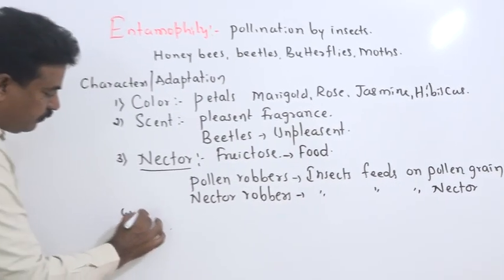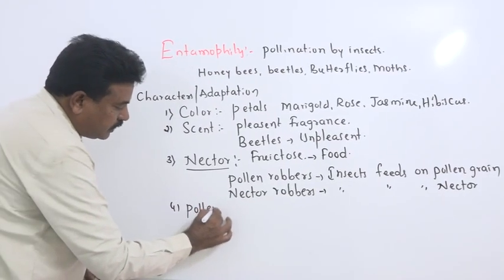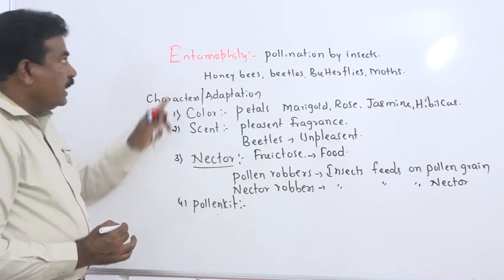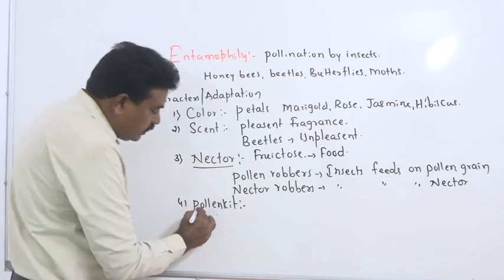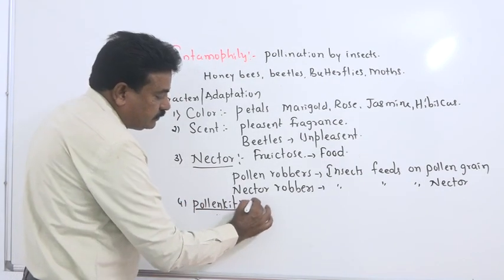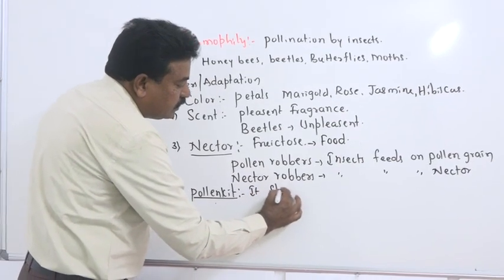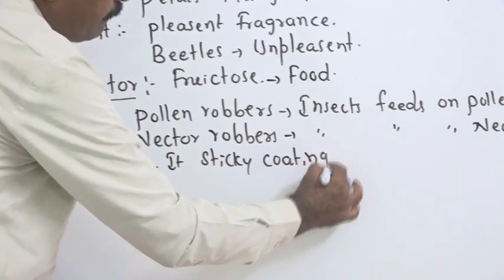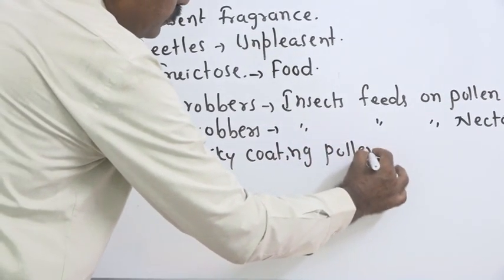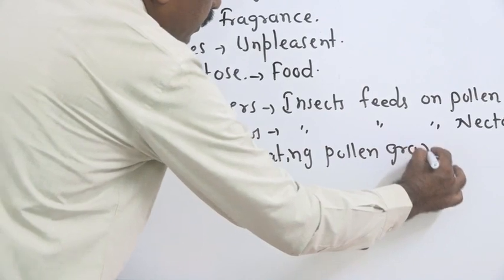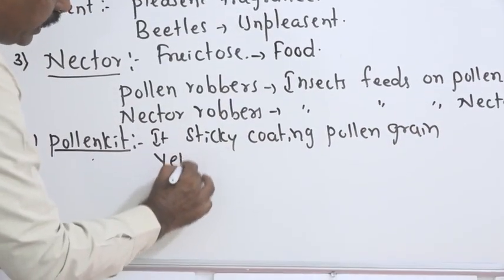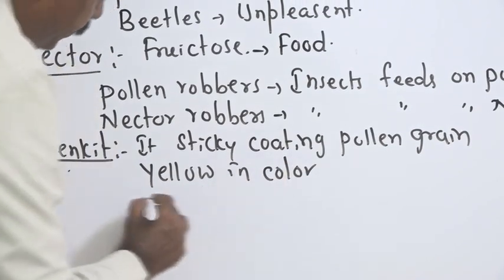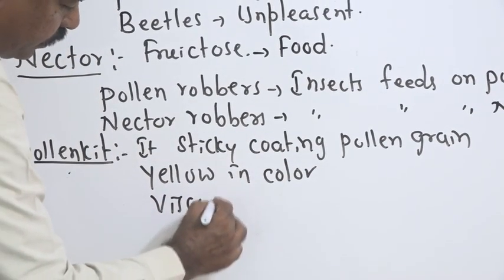Then at the same time, a plant showing entomophily has pollen kit. It is a sticky coating of pollen grain, and that is yellow in color, viscous and sticky.